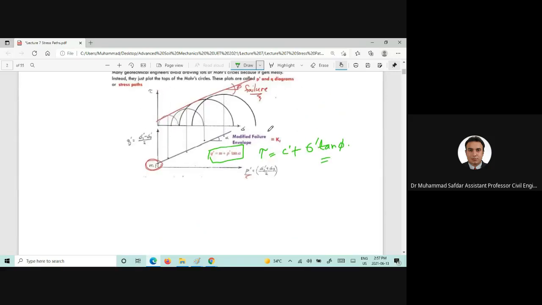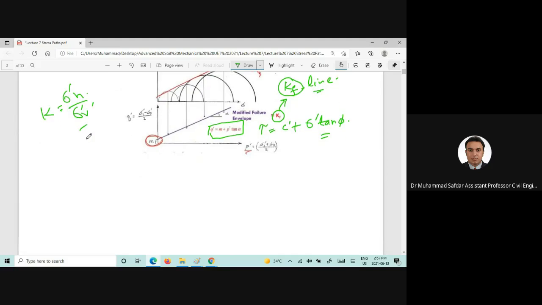Okay, now some people call that the KF line as well, and that is the same K which is the lateral earth pressure coefficient, related to horizontal and vertical stresses.